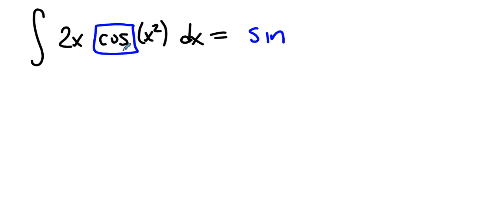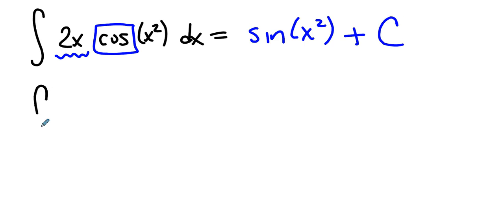So maybe the antiderivative of cosine x squared has sine of x squared in it. How would we check ourselves? Well, the derivative of the sine of x squared is cosine of x squared times the derivative of x squared, so we know that we're okay.